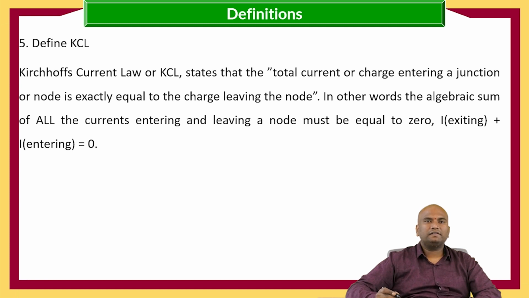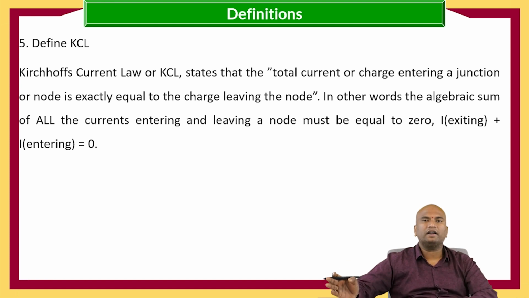The next one is, define KCL. KCL is nothing but Kirchhoff's current law. Kirchhoff's current law, or KCL, states that the current entering a junction is equal to the currents leaving the junction, or the sum of currents entering the junction is equal to the sum of currents leaving the junction.